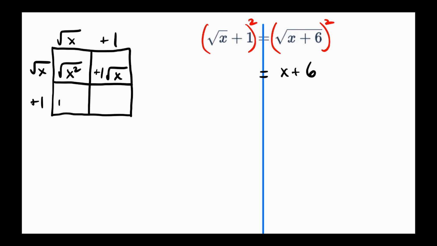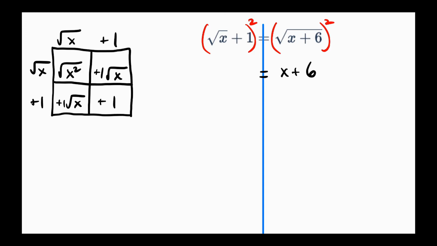Same thing over here. And then the last one is just positive 1 times positive 1, which is just positive 1. Combine like terms. We always combine like terms if we can.